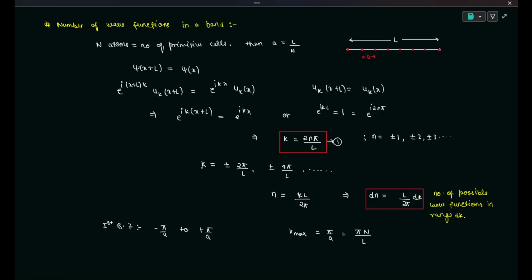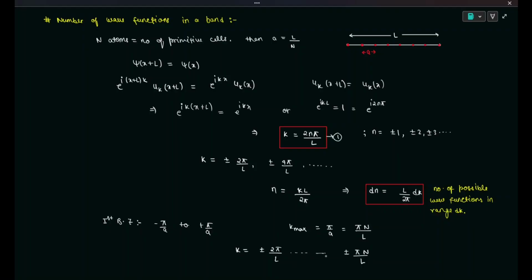This means that this series of allowed k values will go from plus minus 2 pi by L all the way up to plus minus pi n by L. If you apply this reasoning, you will get that there are n such allowed values of k.